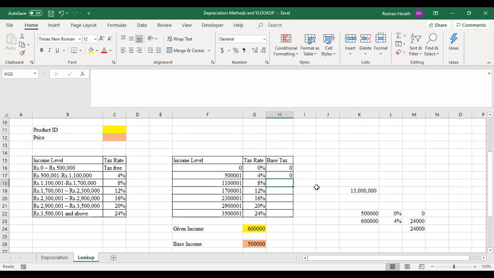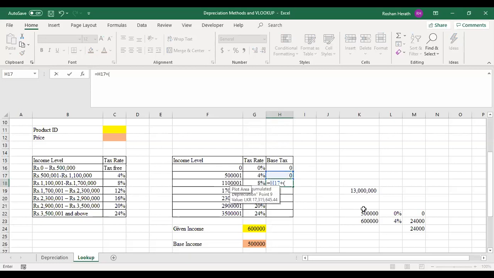So here, if I apply the same thinking, I can add the previous base tax plus the difference between these two levels. It is up to 1.1 million, so it is 1.1 million and 1, and 500,000 and 1. At the end of the day, the 600,000 difference is coming because the 1 is there in both instances, so I might take this and deduct it and apply the applicable rate.